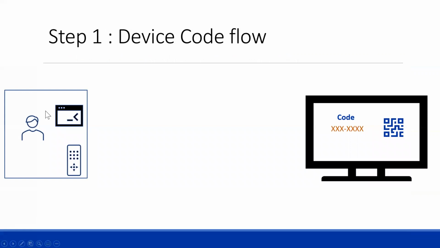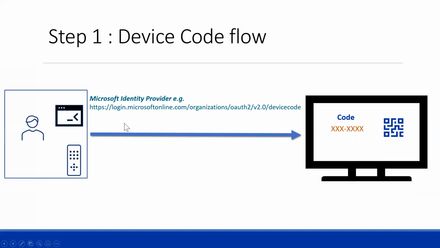So let's see what exactly happens in the device code flow. Whether you log into a CLI or a smart TV, you are presented with a code to access the application. In this case, we are going to take a scenario and I'll show you an example using Azure AD.